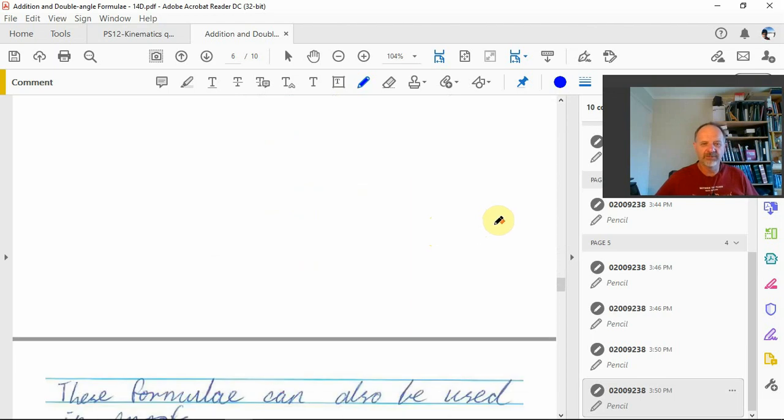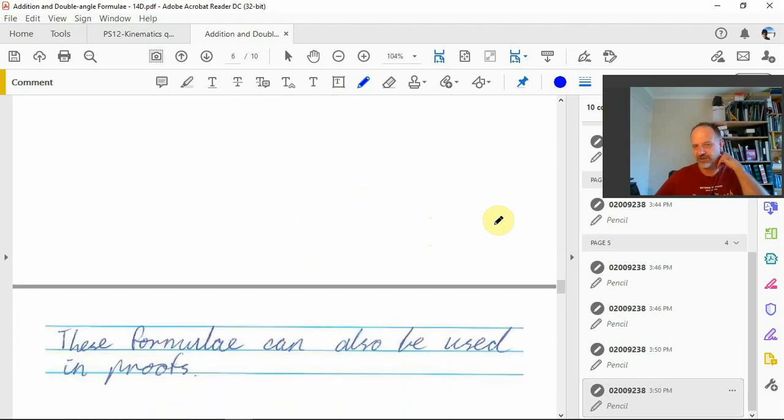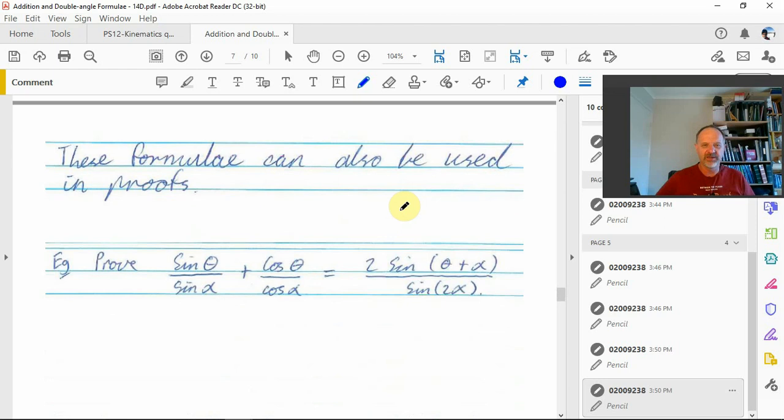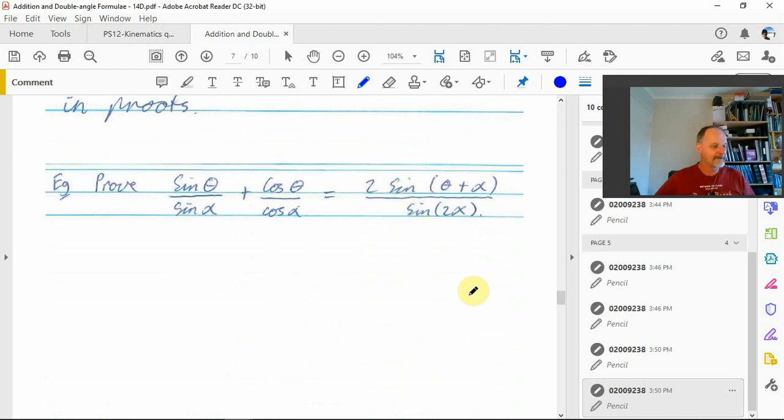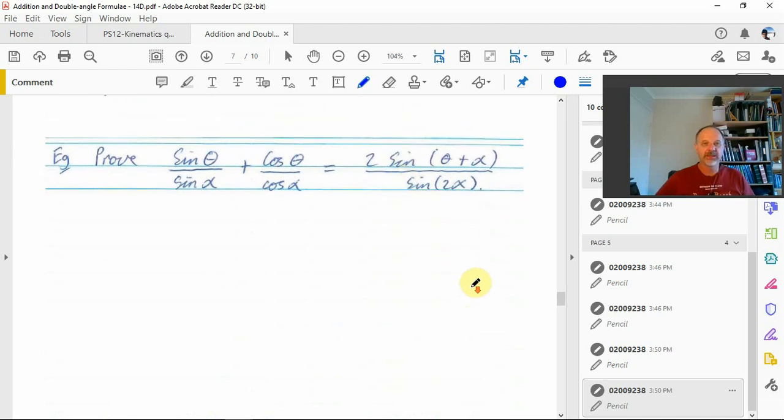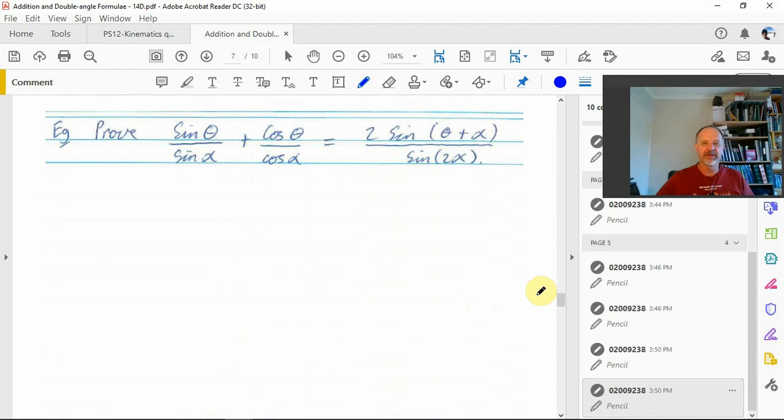All right, so these formulas can also be used in some proofs. Now I've got 3 examples here of proofs, so if you think you need a rest before them, have a bit of a rest. So we can use the double angle formula in proofs. So here's an example of a proof that we're going to do.